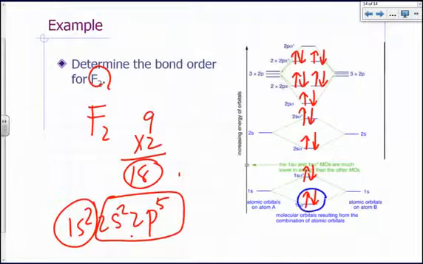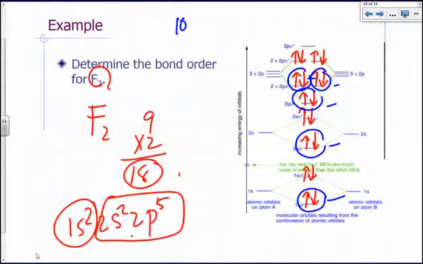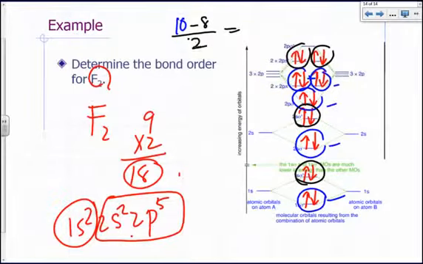This is bonding, this is bonding, this is bonding, this is bonding, that's bonding. So you have 2, 4, 6, 8, 10 electrons in bonding orbitals. And the number of electrons in the anti-bonding orbitals are 2, 4, 6, 8. So 10 minus 8 divided by 2 gives you 1. The bond order for fluorine is 1, so we expect fluorine to have a single bond.